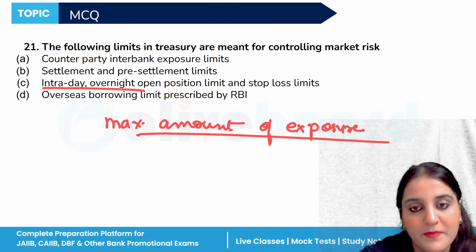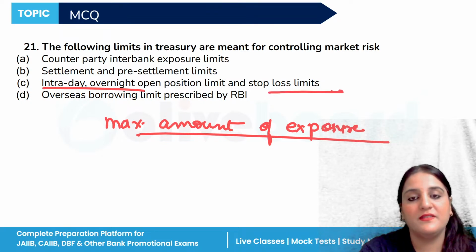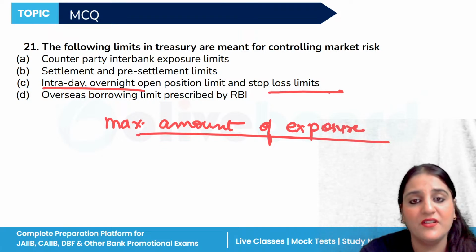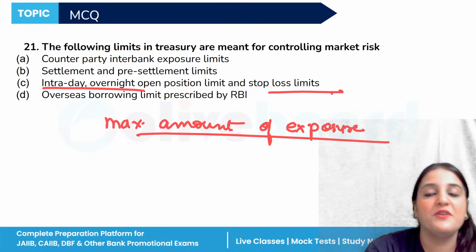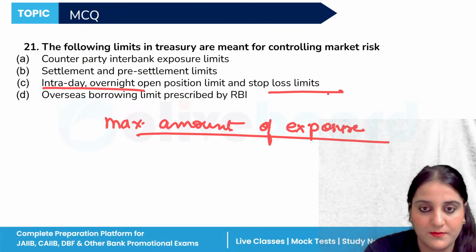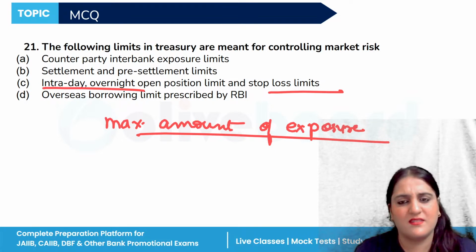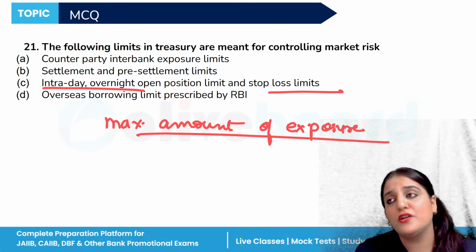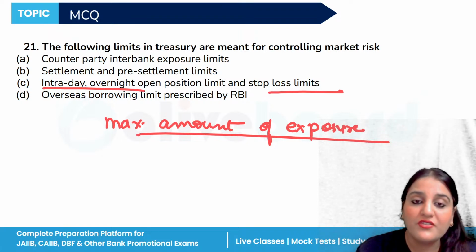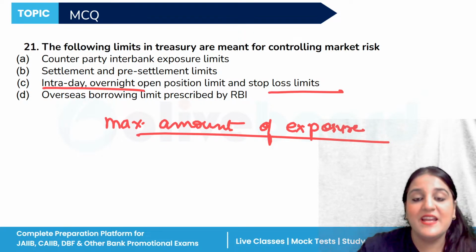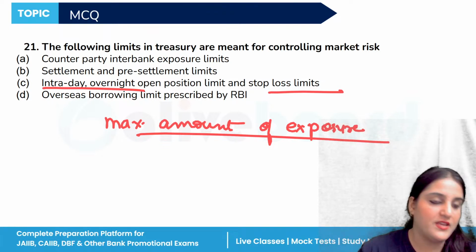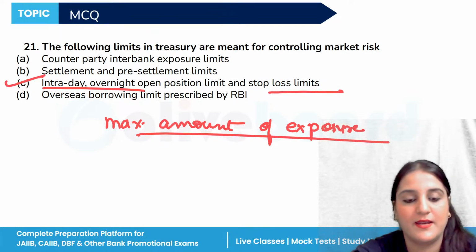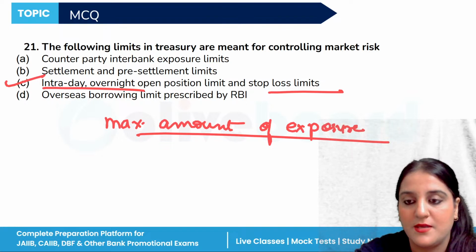And stop loss limits are the predefined levels at which positions will be exited to prevent further losses. These are crucial for controlling the potential losses in a volatile market and are directly related to managing the market risk. So here we can say option C is correct.